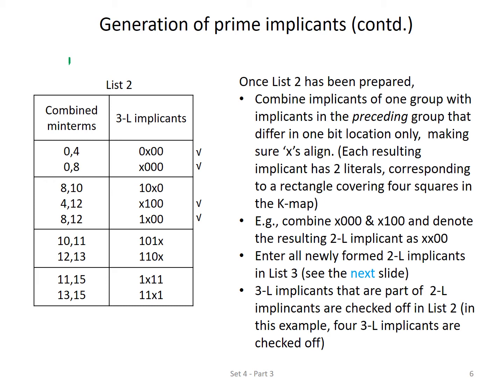Once list 2 has been prepared, we combine implicants of one group with implicants in the preceding group that differ in one bit location only, making sure X's align. For example, we can combine this implicant with this because X's are aligned, and the only difference is in the leftmost location.